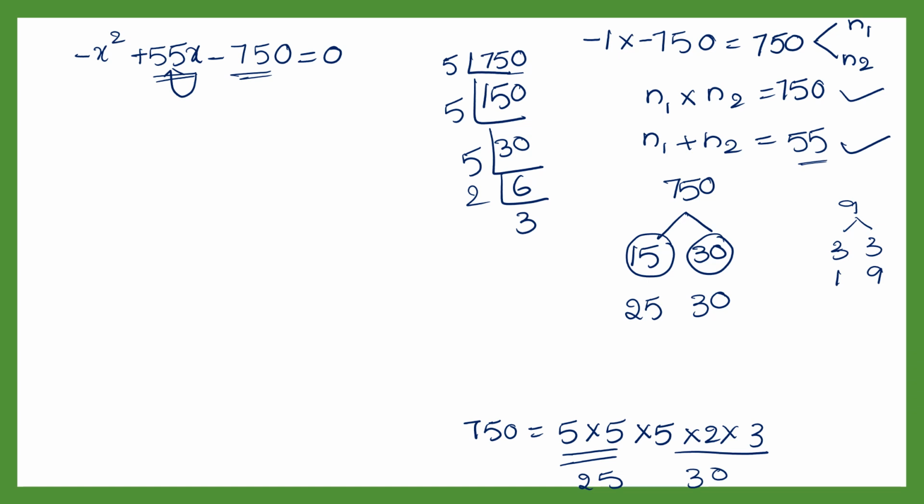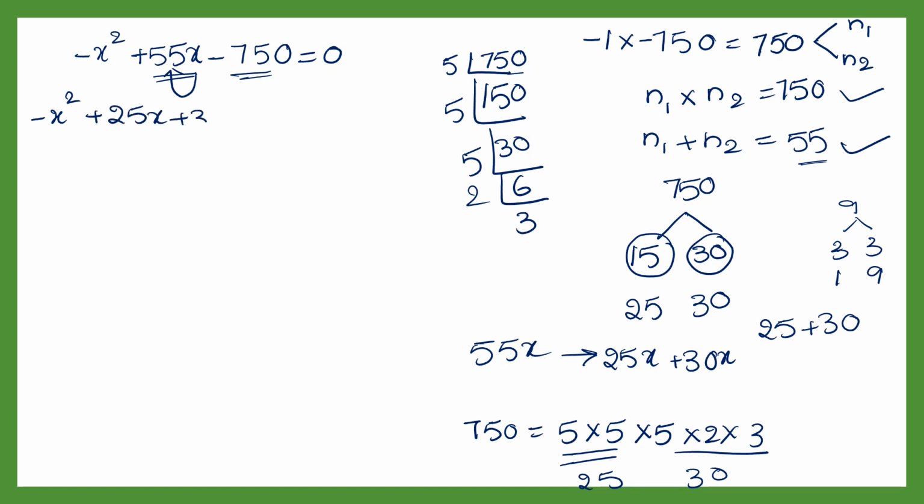So how should you split 55x? 25 plus 30 is 55, so 55x should be written as 25x plus 30x. Now minus x square plus 25x plus 30x minus 750 is equal to 0.